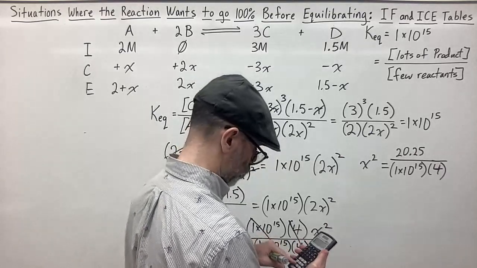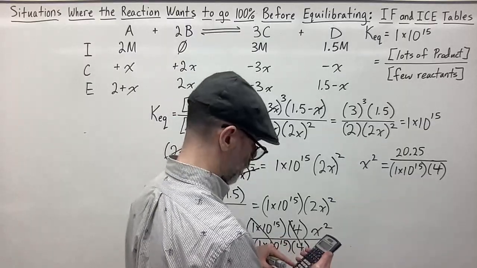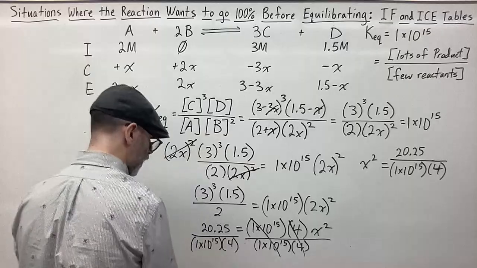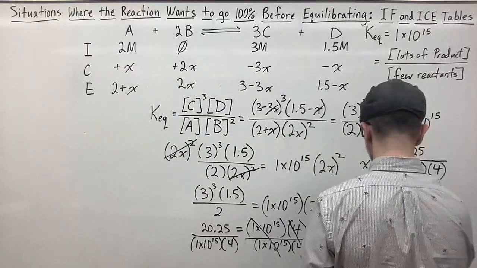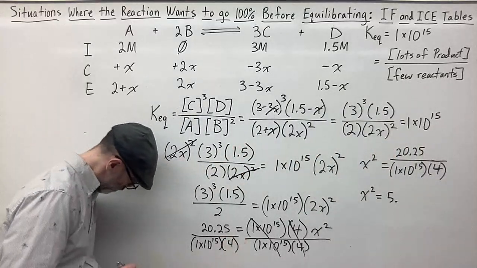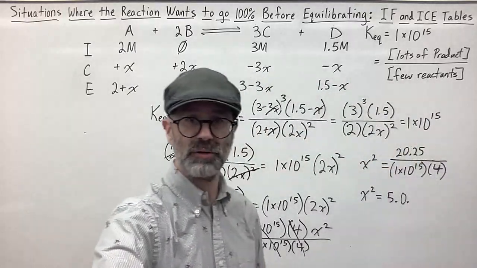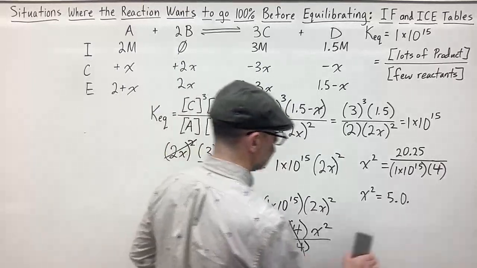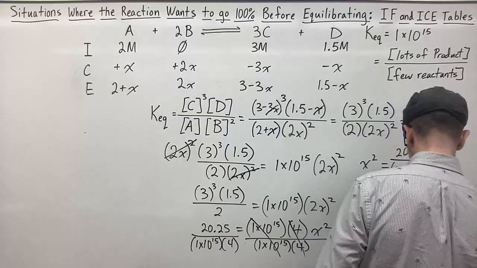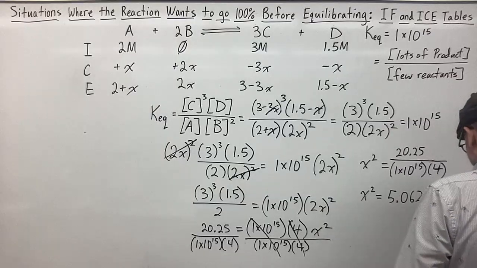20.25 divided by 1 times 10 to the 15 divided by 4 equals 5.0625. So x squared is equal to 5.0625 times 10 to the negative 15.